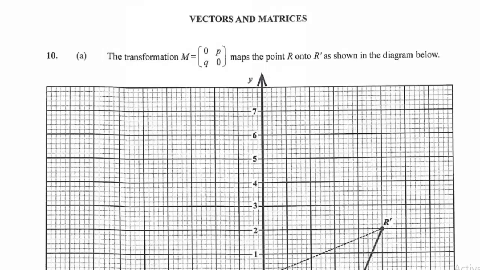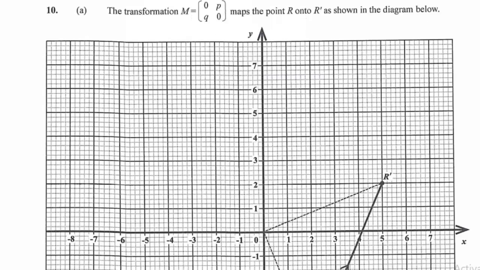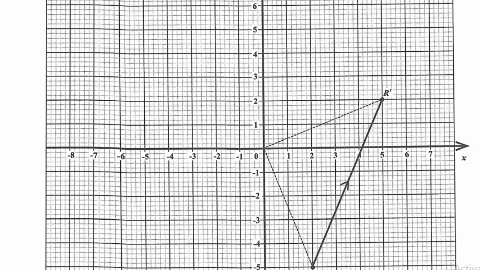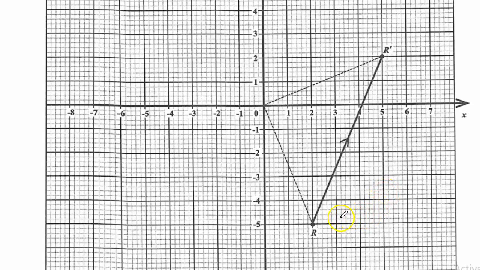So question 10a, the matrix transformation 0 P, Q 0 maps the point R onto its image as shown in the figure below. And here's the figure. So we can see the matrix maps R to its image. Notice R is the point (2, -5). Notice our image is the point (5, 2).